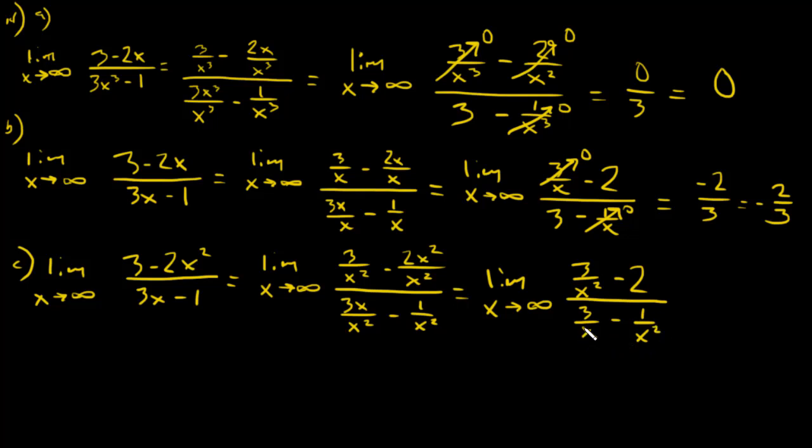So in this case, my 3 over x squared goes to 0, negative 2 untouched, 3 over x goes to 0, and this 1 over x squared goes to 0. So this leaves something that we saw before, negative 2 over something that is approaching 0.